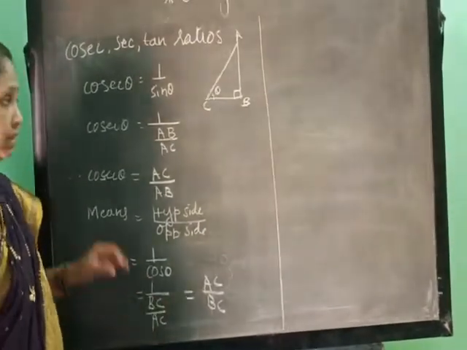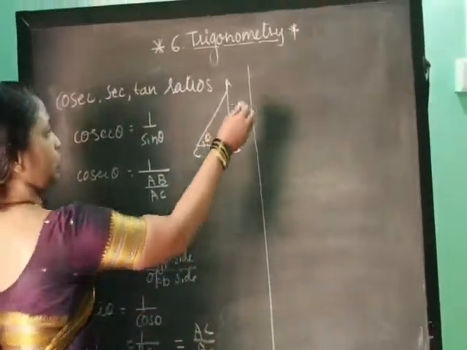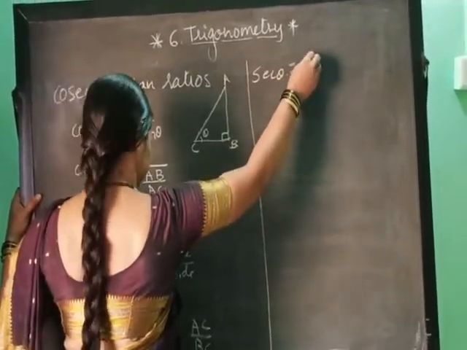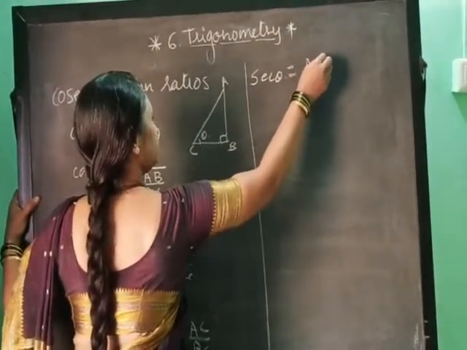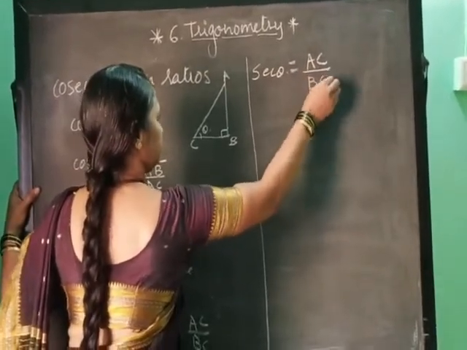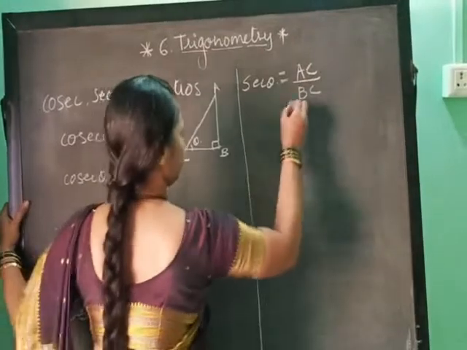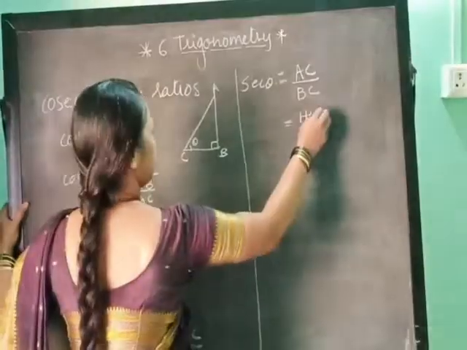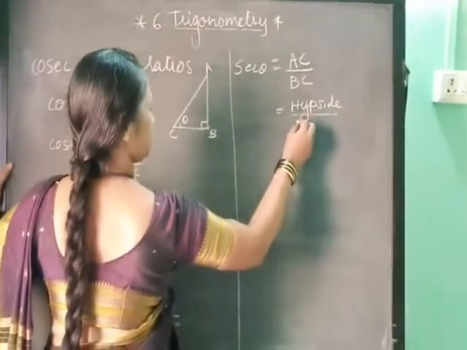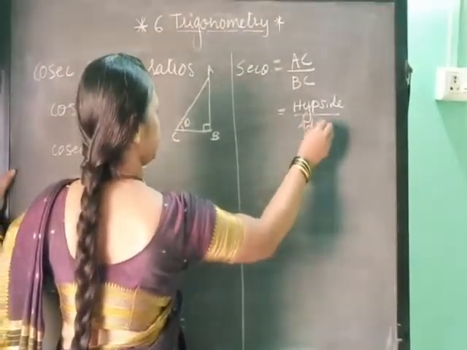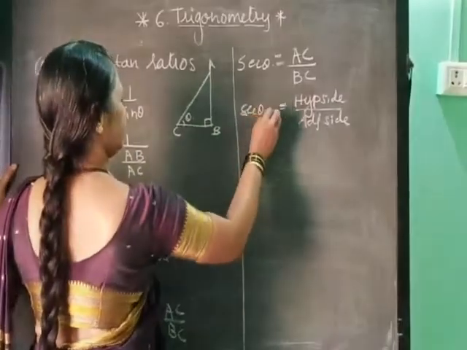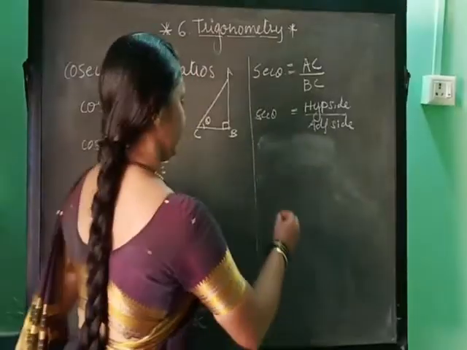AC upon BC means what? Sec theta is equal to hypotenuse side upon adjacent side.